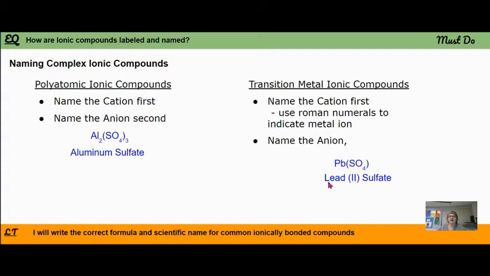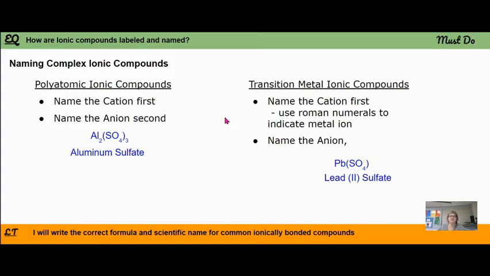I know that it's lead 2 because SO4 is a -2 ion, and since this is a -2, that means they both had to have been 2s. So lead 2, that's the name of the ion, and then sulfate.